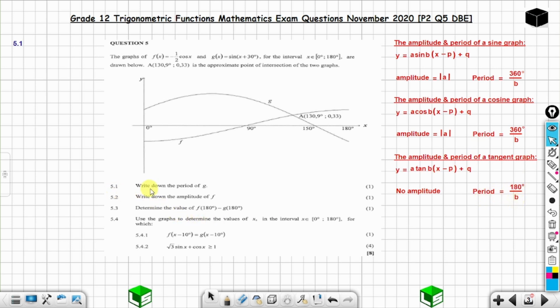So let's write down the period of g, 1 mark. This is the equation that you are given: g of x is equal to sine of x plus 30 degrees.